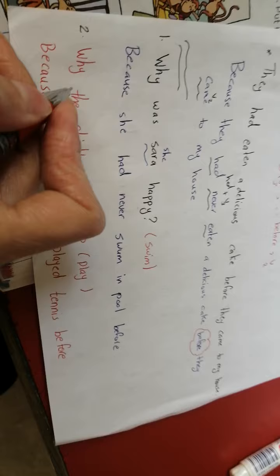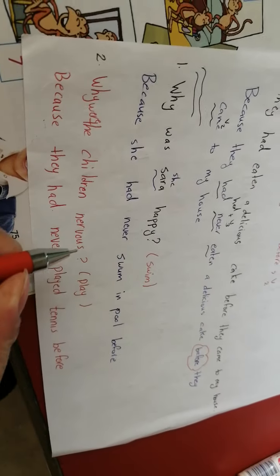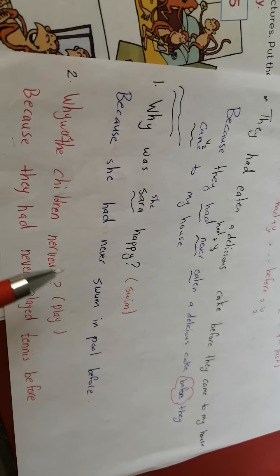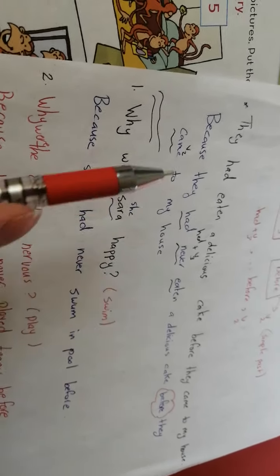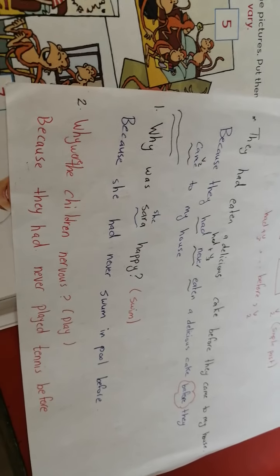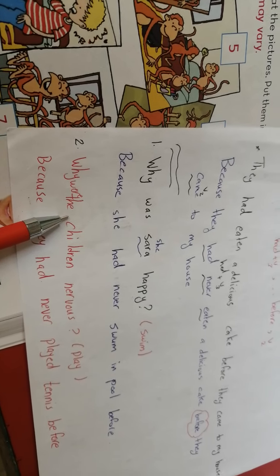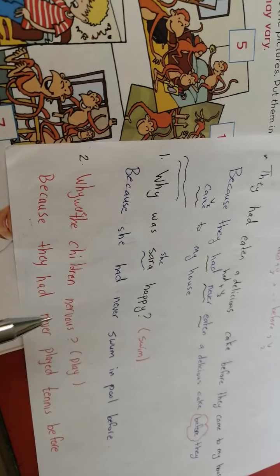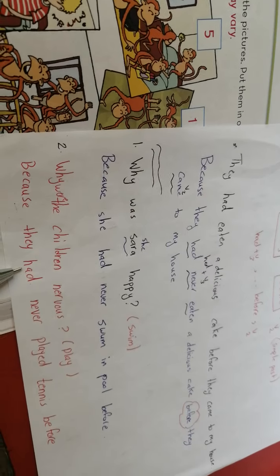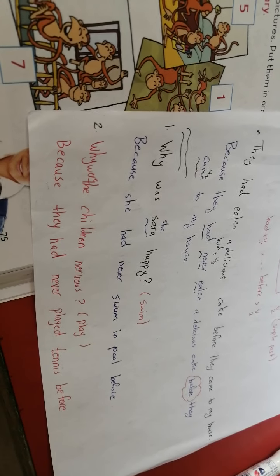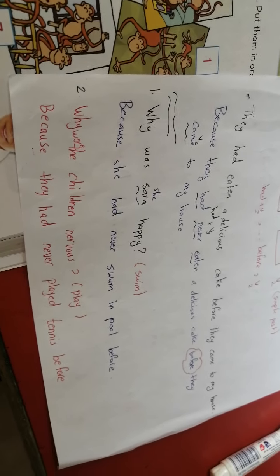Another question: Why were the children nervous? I have the verb play, and I know I must change it to past perfect because the children are they, a group of kids. We use the verb play: they had never played tennis before, because they had never played tennis before.